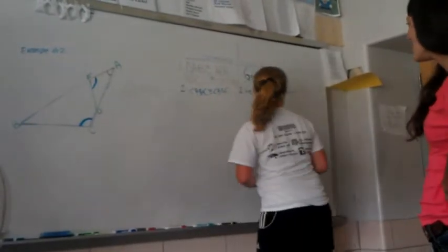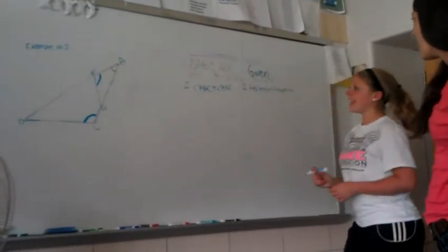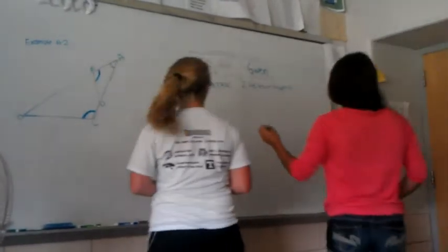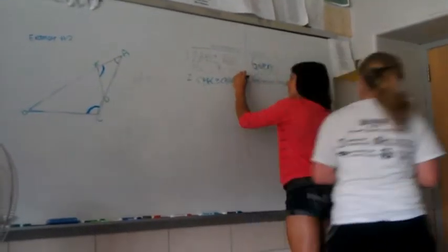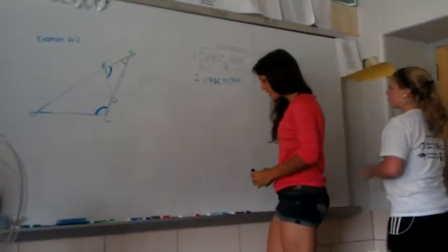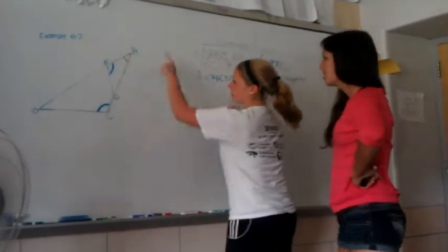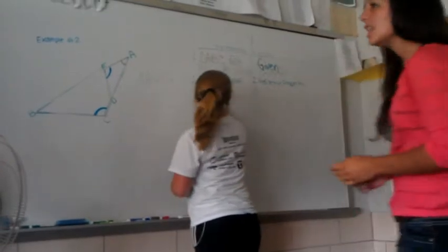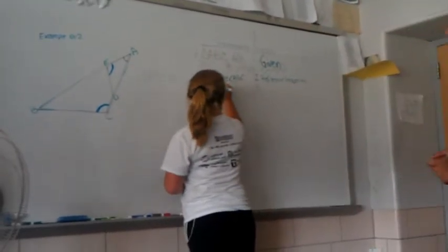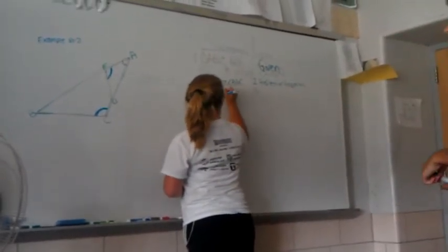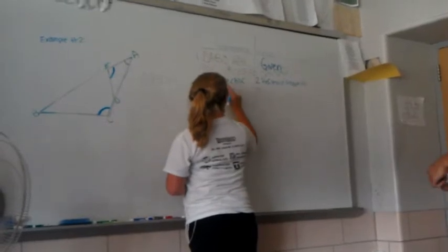That's all we need, isn't it? Two angles? Yeah. Angle C. So now we just write the triangles are congruent to each other. Triangle ABC similar. Ooh, they're not congruent. Oops.